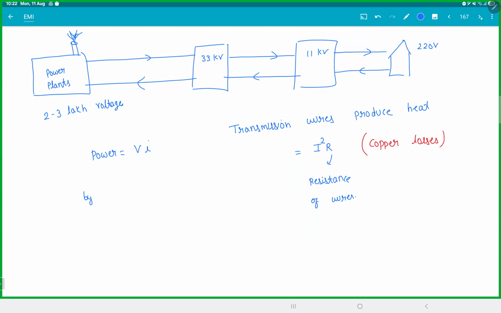So meaning now we have reached a stage where I send you 100, you get almost 98, 99. That much error is acceptable. So by increasing voltage to high values, we can decrease current. Therefore, these copper losses decrease.